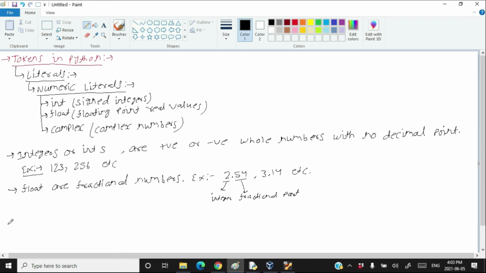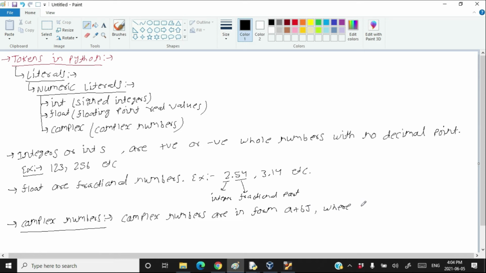And the third one is the complex number. Complex numbers are in the form a plus b j, where a and b are floats and j, this capital J, can also be written as small j. And j represents the square root of minus 1.